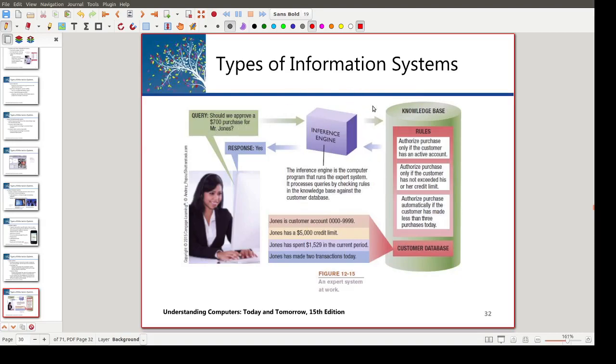After the engine ingests this question and looks at the knowledge base and the customer database, the inference engine will tell the user, yes, we should approve this $700 purchase for Mr. Jones.